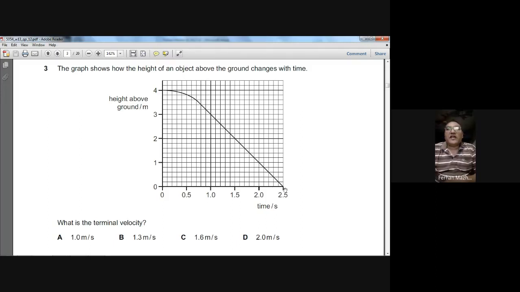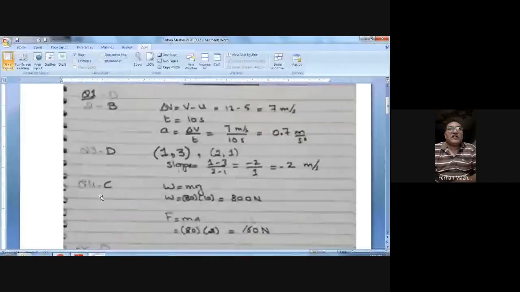Let's say I take this point, its coordinates will be 2.5, 0. Then apply the formula for the gradient. You must have studied in mathematics that the gradient of a straight line is y2 minus y1 divided by x2 minus x1. Apply that formula and you will find the slope, and that slope will be the terminal velocity. I have done this. Let me show you my work.